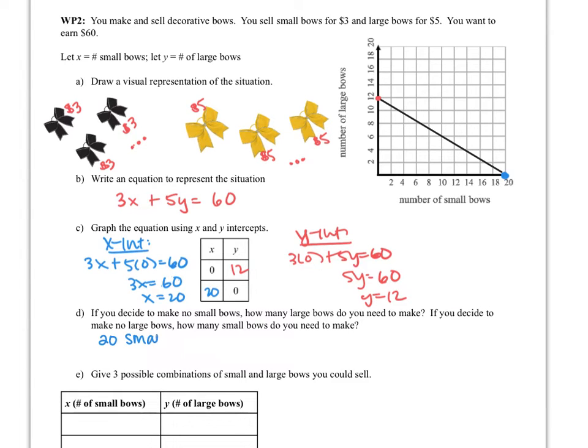That would mean you would need 20 small bows, 20 small bows if 0 large, because that's what that ordered pair 20, 0 represents. x is the number of small, y is the number of large. And vice versa, if you're only going to make large, you would need 12 large if 0 small, and that's represented by our other intercept, which is 0, 12.